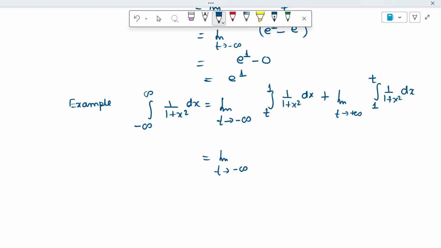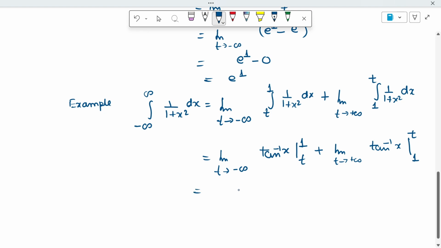and we know that this will be equal to tan inverse x, and the lower limit is t, higher limit is 1. Again here t tends to plus infinity, and this will be tan inverse x, and lower limit is 1 and higher limit is t.